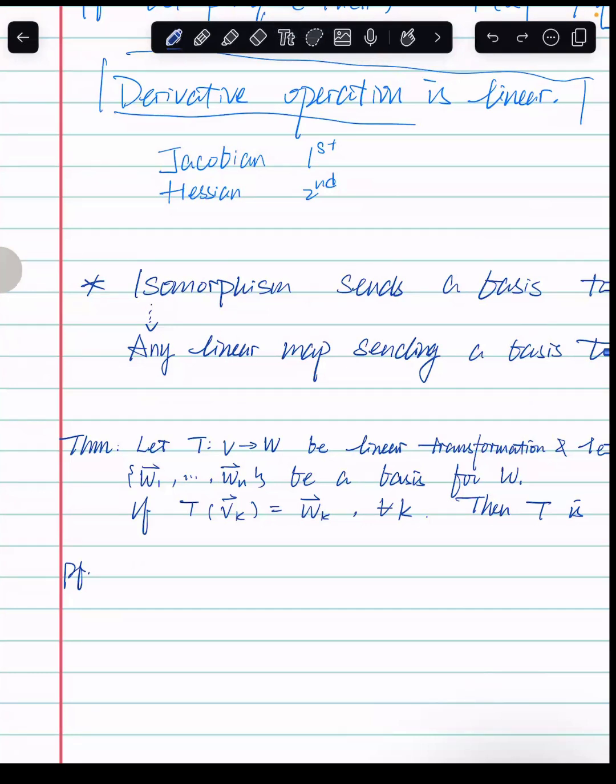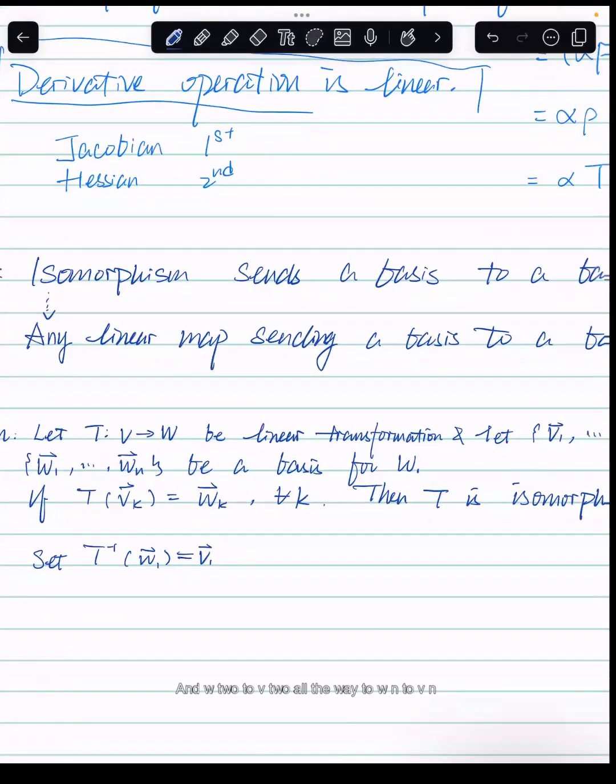So let's define the inverse transformation, where the inverse of T maps W1 to V1, and W2 to V2, all the way to Wn to Vn.